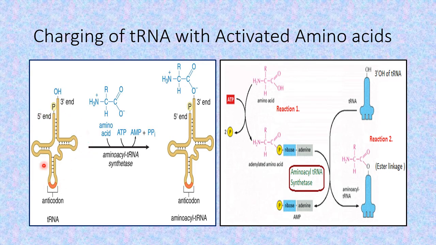Now this is the process in which the transfer RNA with its anticodon binds with the amino acid with the help of energy obtained from ATP, and this results in the formation of the amino acid transfer RNA, or the activated or charged transfer RNA.